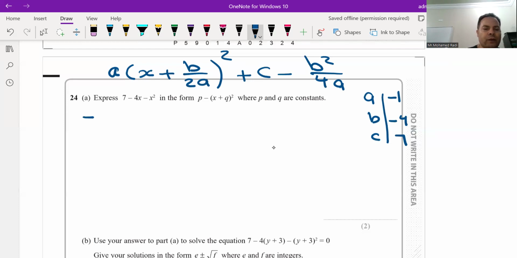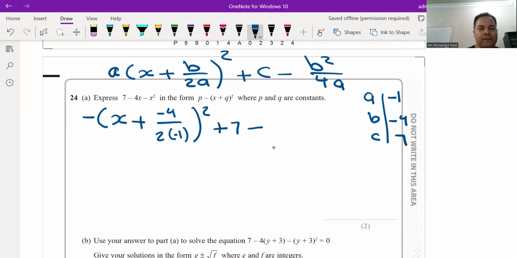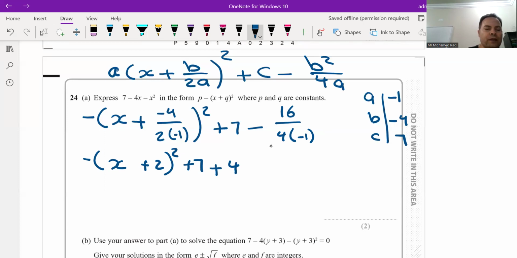Using this formula, it will be negative, x plus b, which is -4, divided by 2a, which is -1, the whole squared, plus c, which is 7, minus b squared, which is 16, over 4 times a, which is -1. Take your time to simplify. Negative divided by negative is positive, 4 divided by 2 is 2, all squared, plus 7, negative and negative is positive, 16 divided by 4 is 4, so minus x plus 2 all squared plus 11.